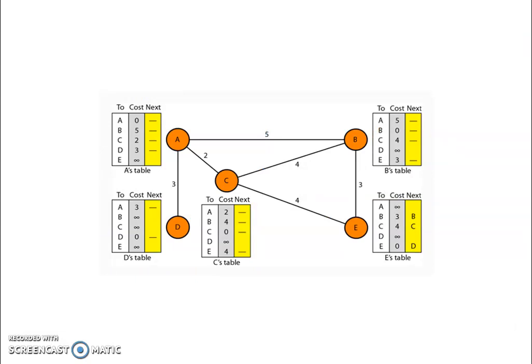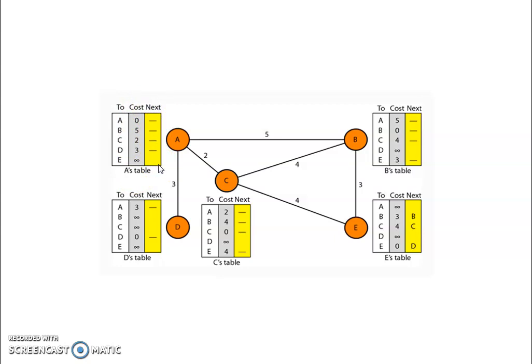This figure shows a network with 5 nodes A, B, C, D, and E, and the table for node A shows how we can reach any node from this node. This table consists of mainly 3 columns. The first column is the destination, the second one is the cost to reach the destination, and the third one is the next hop.